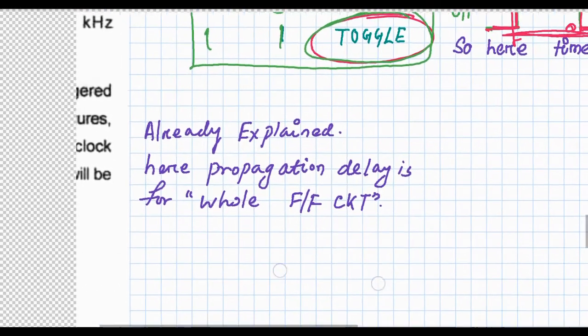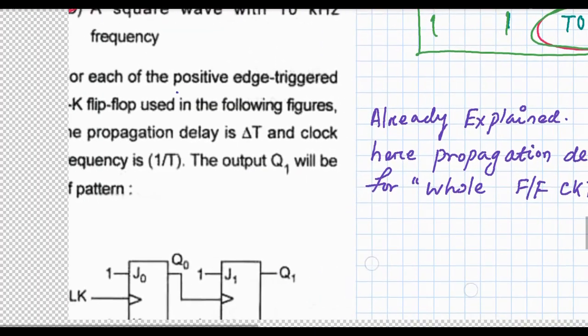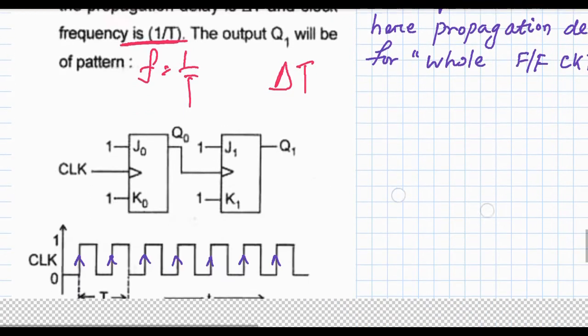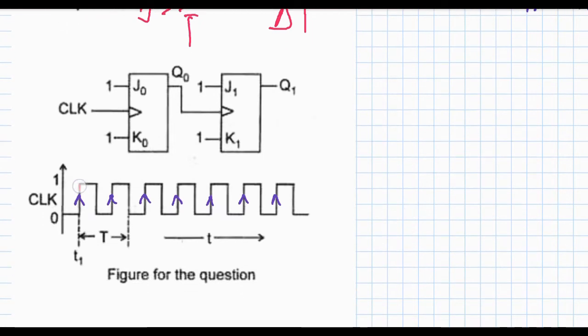Suppose the frequency is f equal to 1 by t and the delay is del t. Suppose this is the clock and these are the positive edge triggering levels. I have already explained this in the previous question, so this is very simple now.